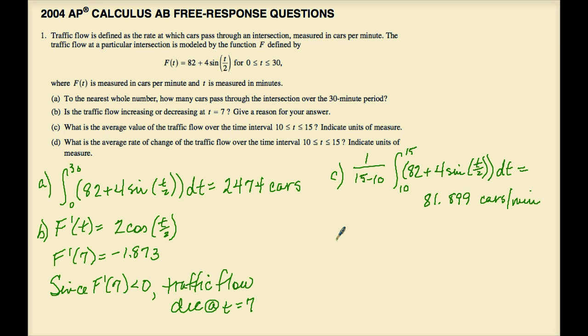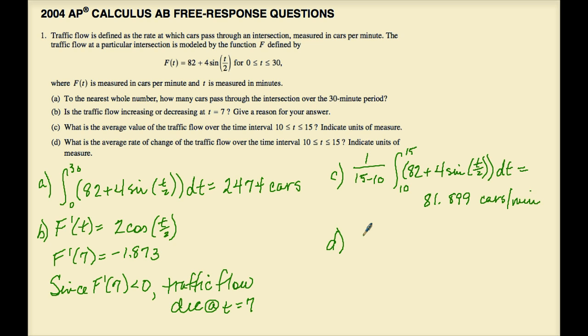Now let's look at letter D. What is the average rate of change of the traffic flow over the time interval 10 less than or equal to t less than or equal to 15? Indicate units of measure. The average rate of change of the traffic flow will be calculated by looking at the difference in the rate over the difference in time.